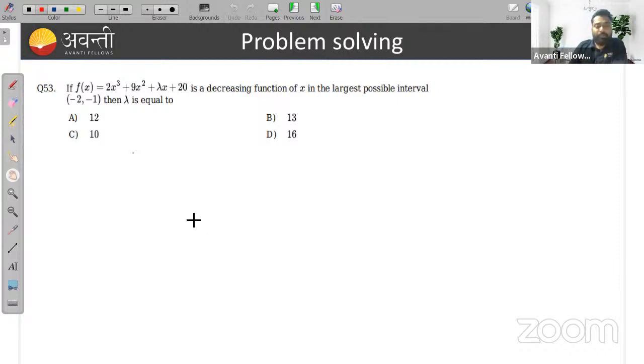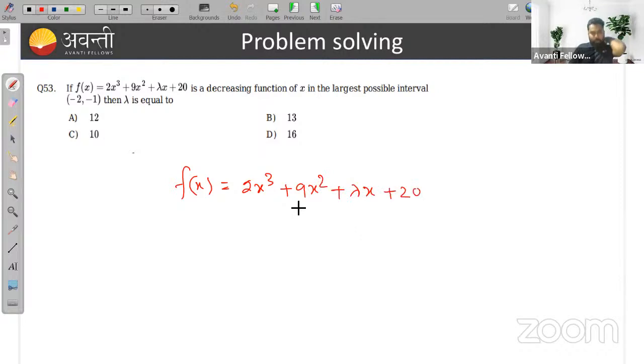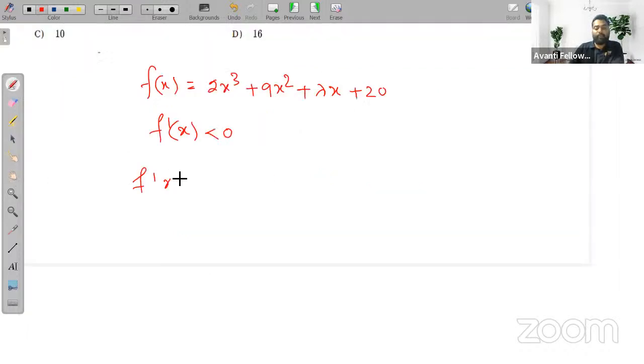Chalo. f(x) is given as 2x^3 + 9x^2 + λx + 20. It is given that the function is decreasing, that means my first derivative must be less than 0. Yes or no? Yes. So let's find the first derivative of the given function. That is 6x^2 + 18x + λ, which is less than 0. Let's forget about it and equate with 0.